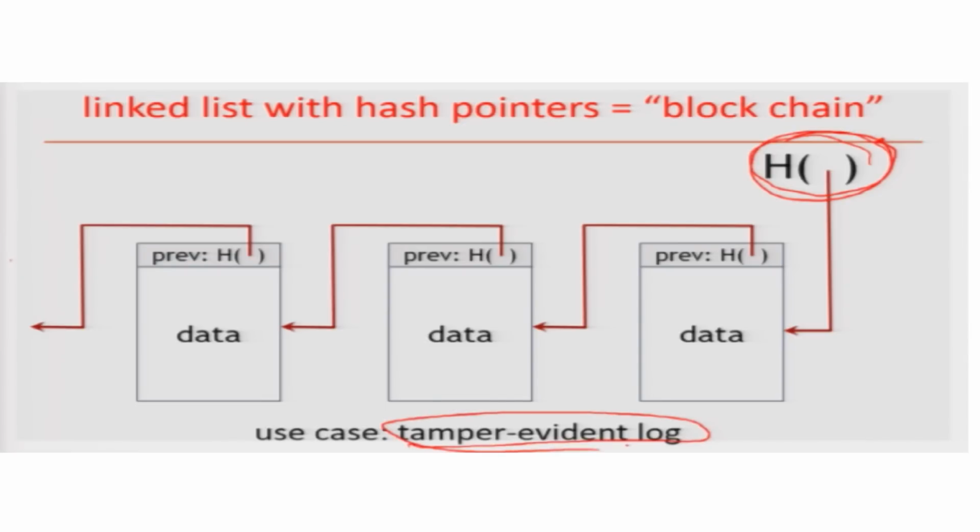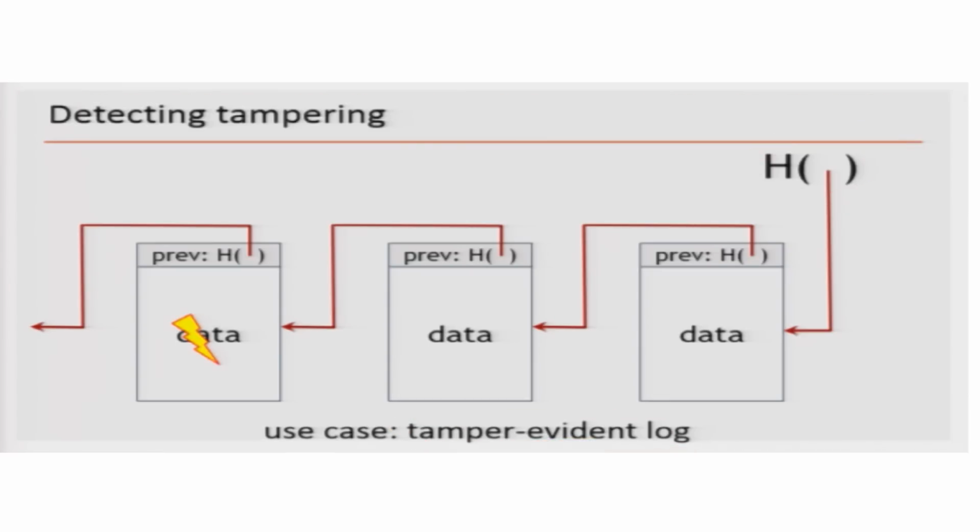and this is also tamper evident, which means that if somebody has tampered with any part of this structure, whether they tampered here or here or here, it should be easily revealed by anybody who wants to check. How does that work? Suppose somebody goes and changes some data here, adds or deletes or changes some value.